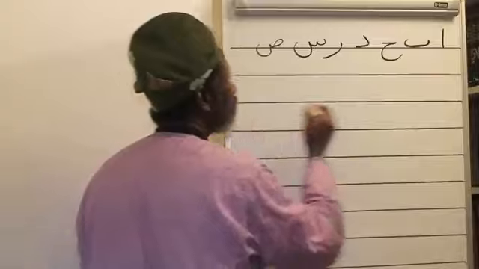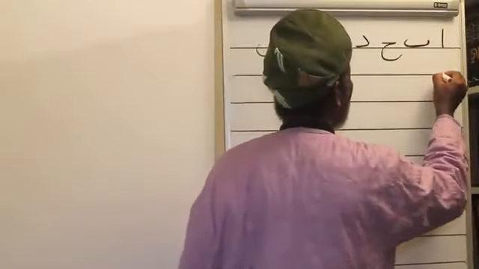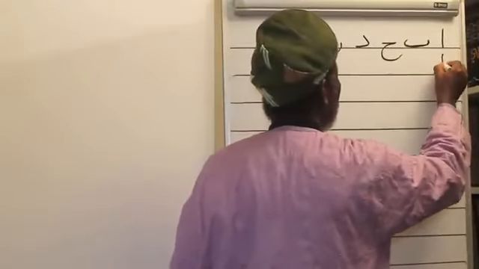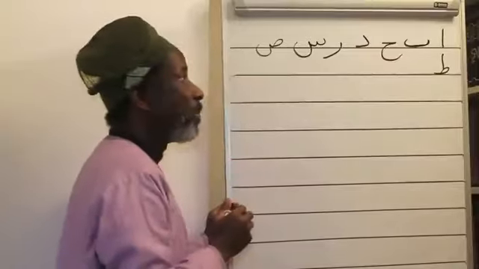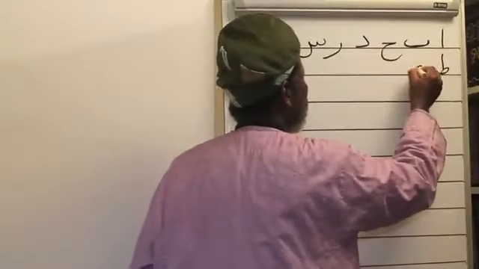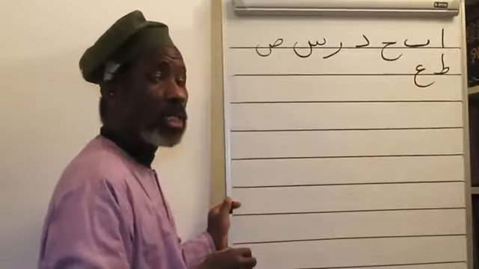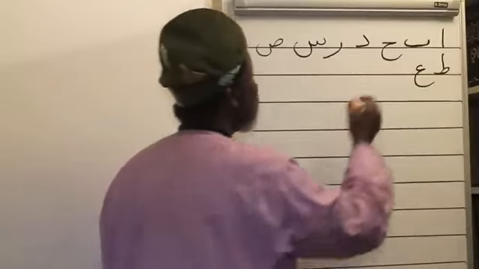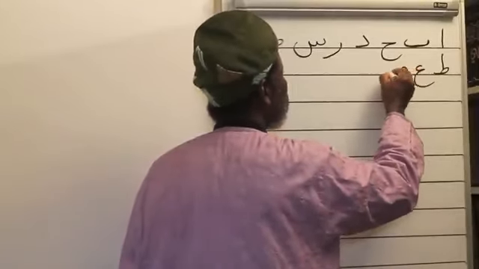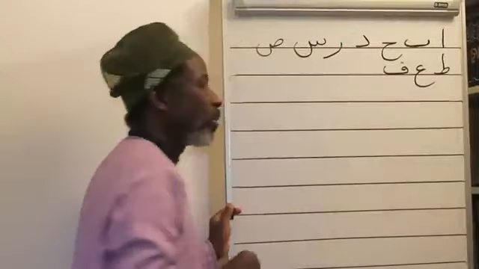Number 8 is the ta and ra. Number 9, the ain shape. Number 10 is this shape. I count that as one shape and a curve.